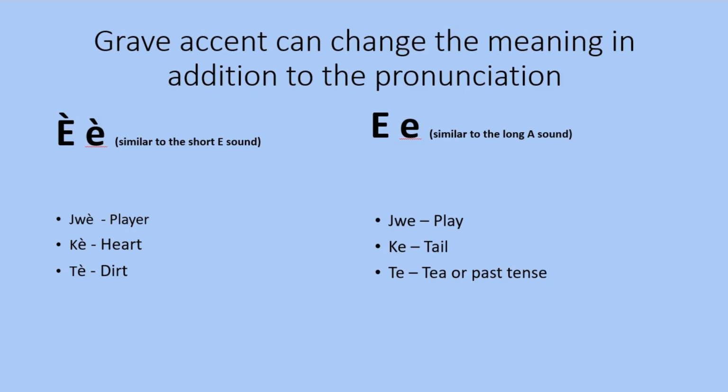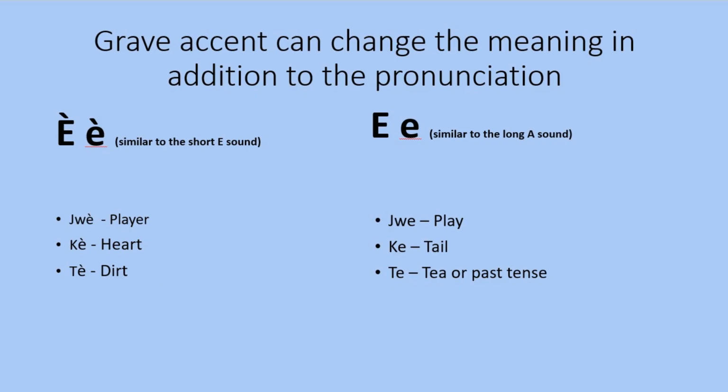So you can have both words in the same sentence, and they mean 2 completely different things, but if you skip the accent, then people are like, what is this person trying to say? Jouer. So once it has the accent, it becomes jouer, which is the player, right? Jouer, jouer bien. You see the difference? Jouer, jouer bien. The player plays well.